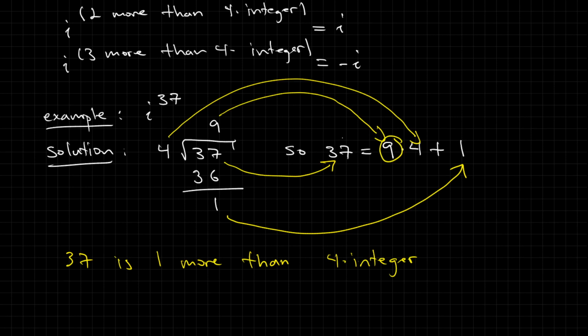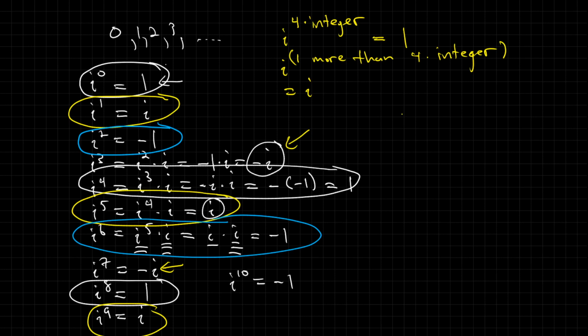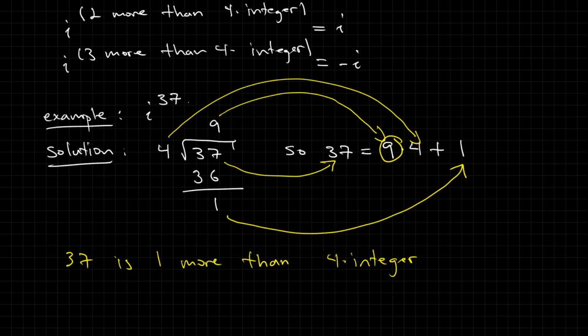I think it's useful to describe what this means in terms of the cyclic nature of i. What I mean by that is to explain what would happen if we were to make this long list of i to powers up to i to the 37. Of course, we have i to the first, that's just i, and we would do a bunch of work and get to i to the 4th is 1.